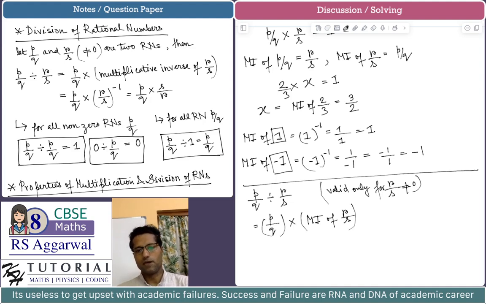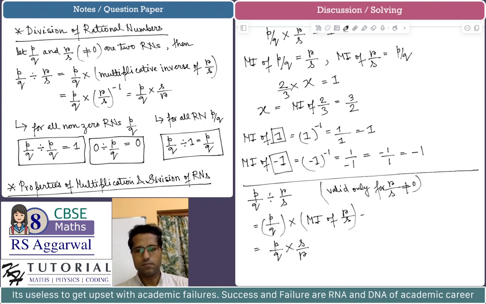So the rational number p by q divided by the rational number r by s is equal to p by q multiplied by the multiplicative inverse of r by s. Now what is the multiplicative inverse of r by s? We just interchange the numerator and the denominator, so it is s by r.